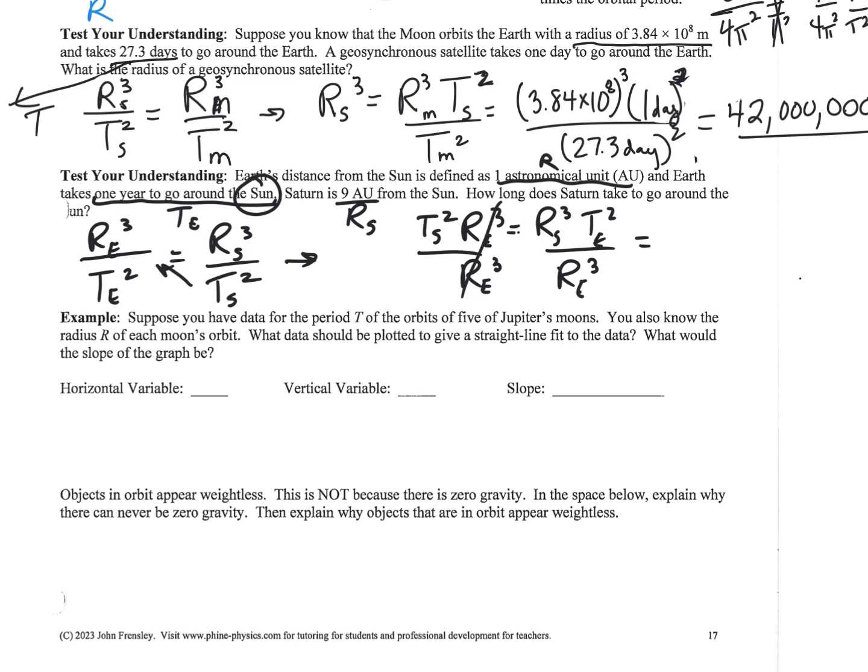Radius of Saturn is 9, so we take 9 cubed. Period of the Earth is 1 year. Radius of the Earth is 1 unit, cubed.